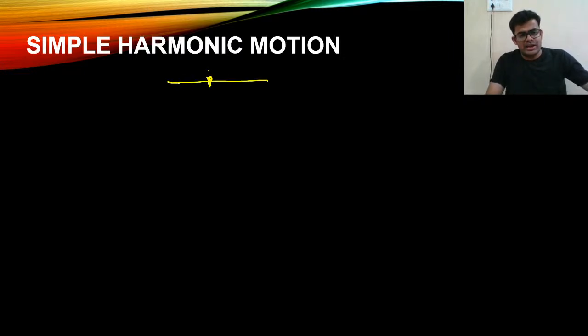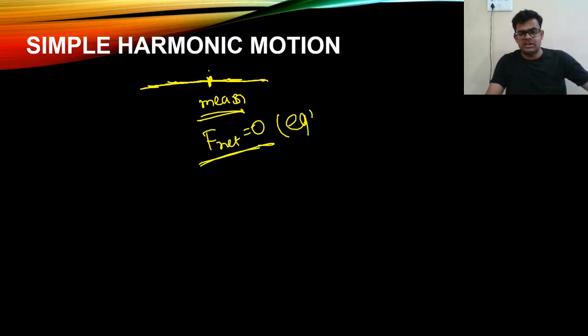Whenever a particle is executing oscillatory motion, it is around a mean position, a fixed point. What is mean position? A position where the net force on the particle is zero, meaning the particle is in equilibrium. That point is called the equilibrium position.